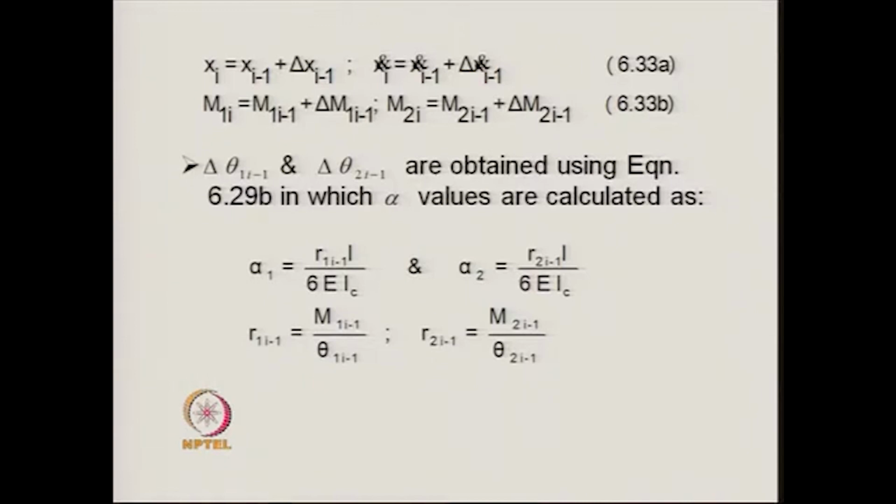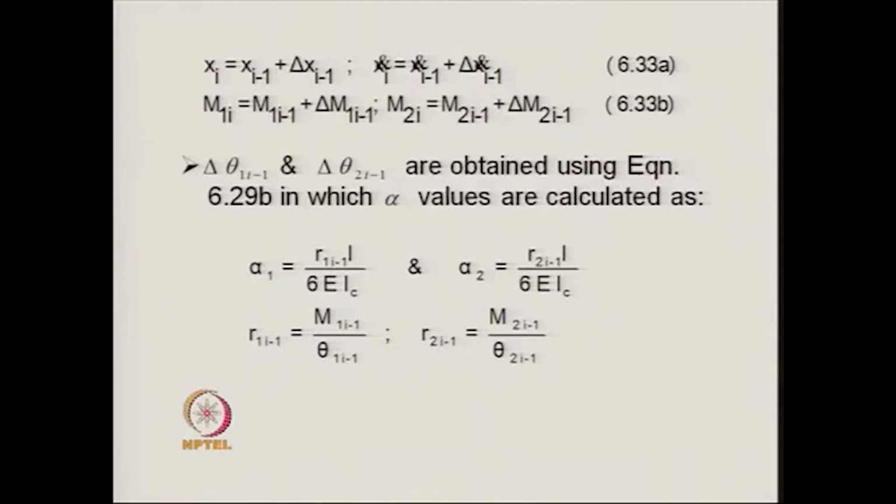And once we get those values, then with the help of those incremental rotational values and the incremental displacement, one can calculate delta m 1 I minus 1 and delta m 2 I minus 1.